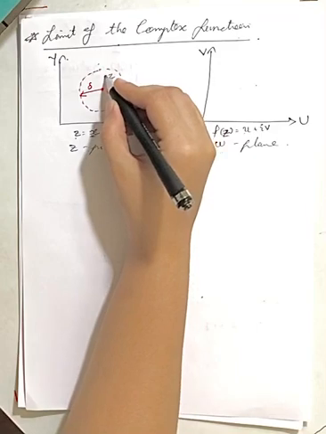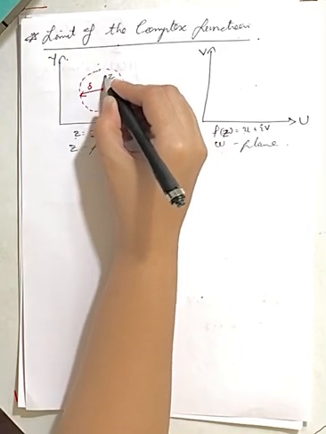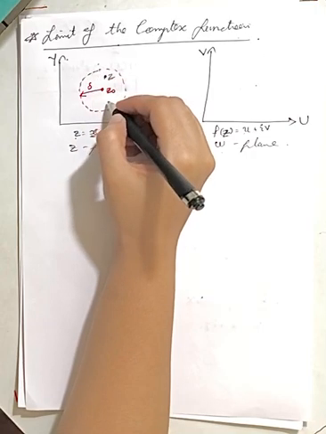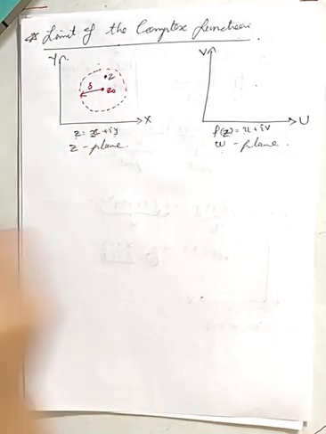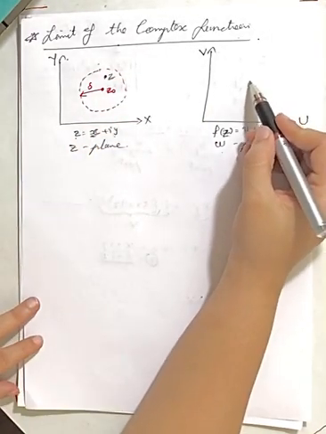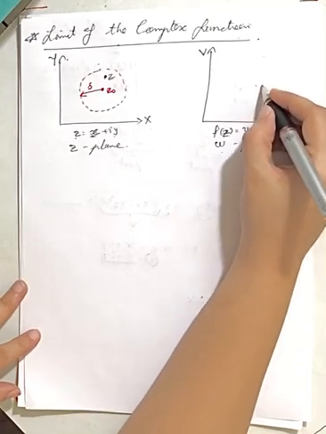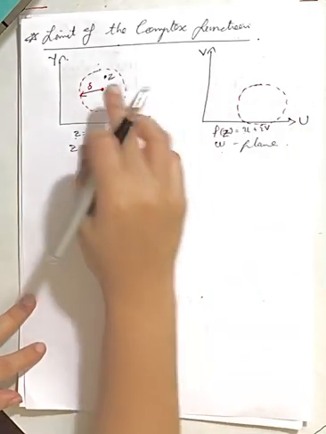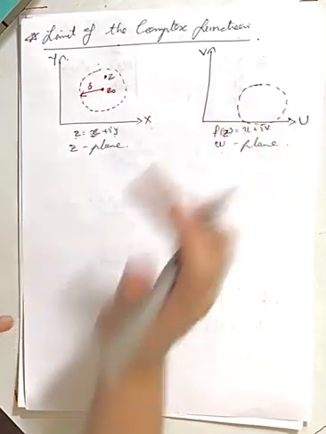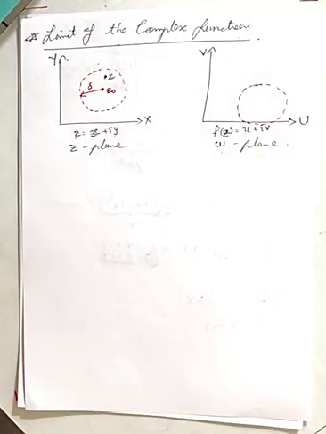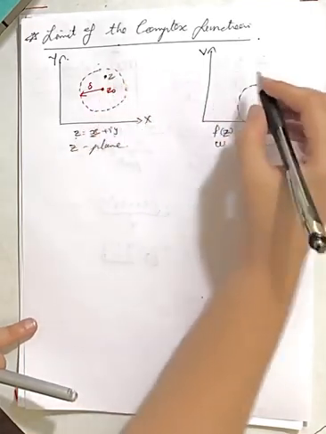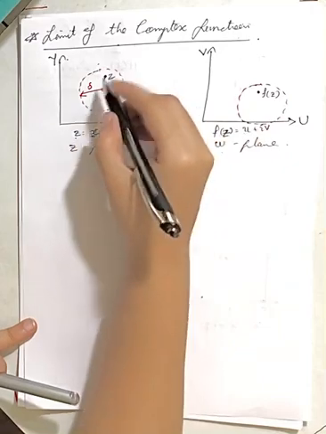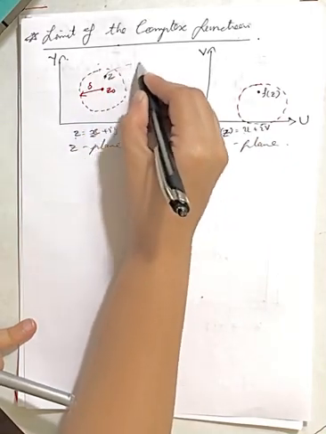Just like the one point, if I have a full region of many z points, there will also be a corresponding full region which all together gives the results of each z point. So for a particular z point, I have a particular value of f of z. So this is like a one-to-one relation.